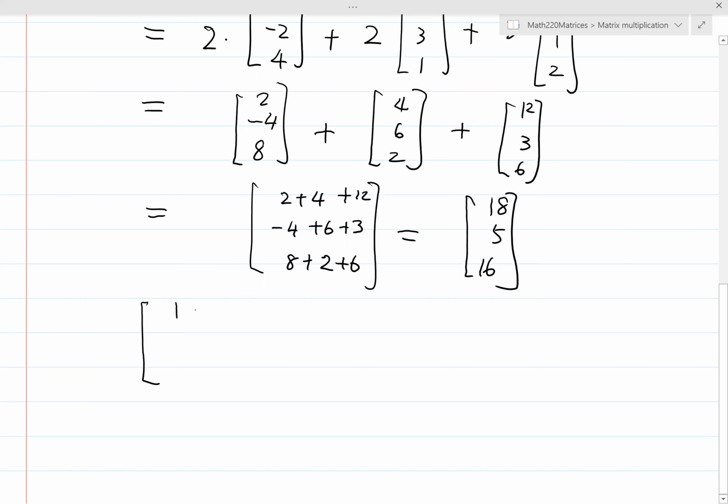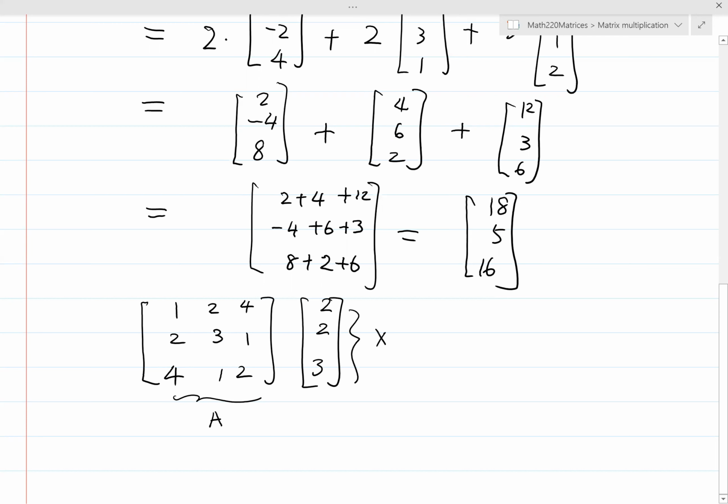So the matrix 1, 2, 4, we're dealing with row 2, 3, 1, 4, 1, 2 with this vector. This matrix is A, and this thing is vector X. So we are dealing with A times X.